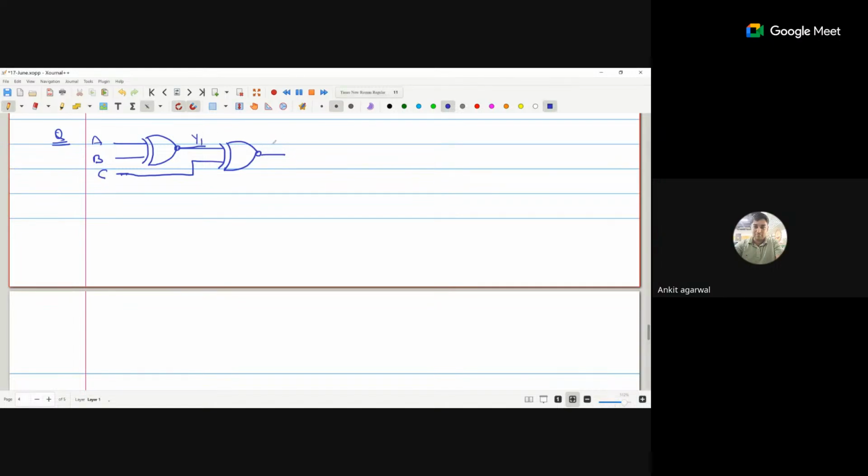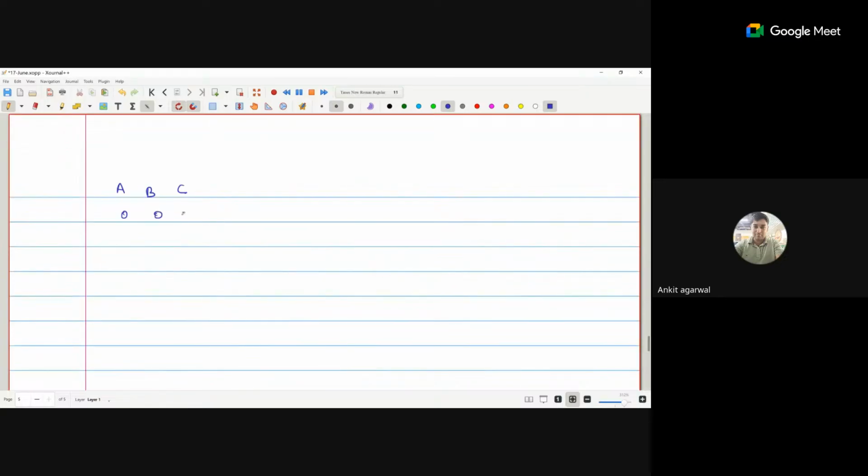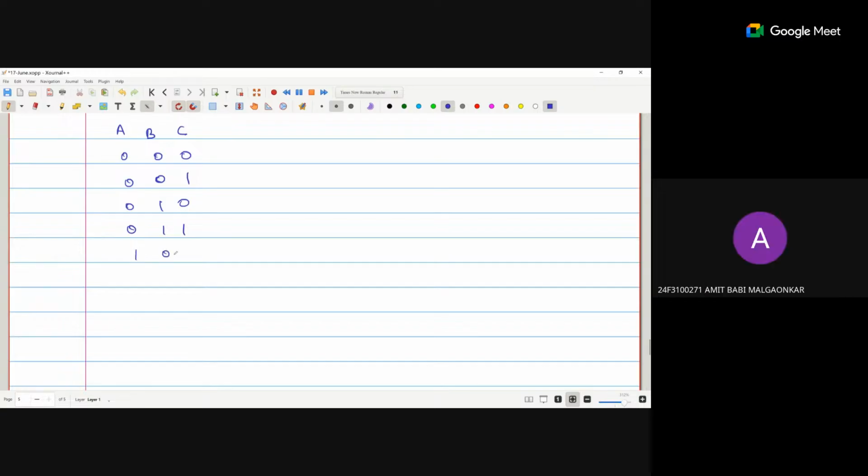So this is the y1, y, a, b, c. For 3 inputs, we have 8 possible combinations. So we are getting it the same as the XOR gate. So 8 inputs, yes, we check. So y1, okay. Y1 is basically 2 inputs A and B, and y1 is 1 when both are same, because it is an XNOR gate.